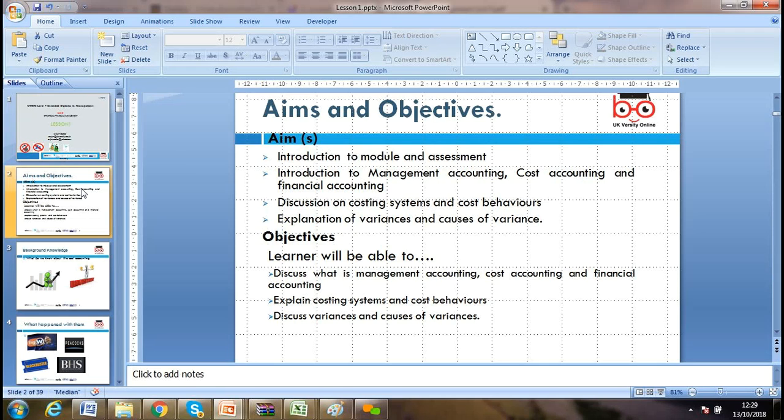Costs are classified as fixed, variable, semi-variable. We discussed costing techniques, and direct and indirect cost. Direct cost is traceable. Indirect cost, also known as overhead cost. So all this we learned.